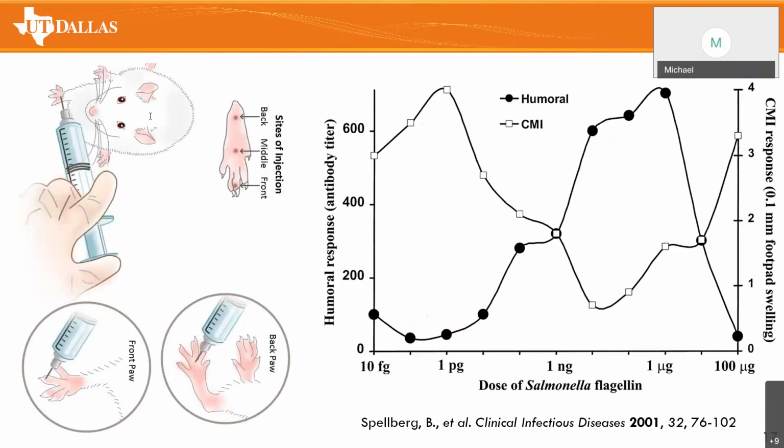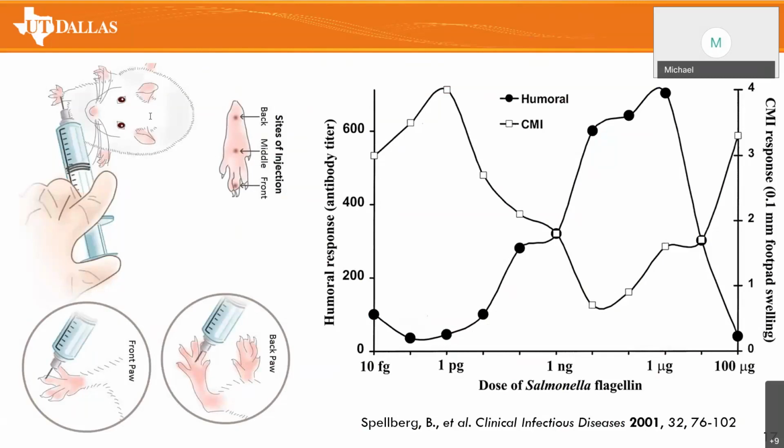I'm not entirely sure, because when she presented her work, it seemed like she was getting more of a Th1 response. She was showing more IFN-gamma and TNF-alpha, and the activation of macrophages, and she even mentioned she had a hard time seeing a high amount of antibodies.